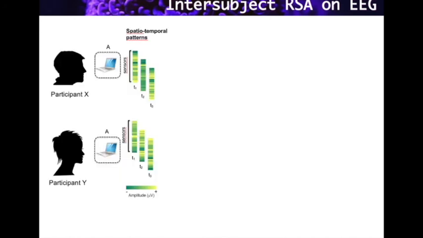Now, the way to address this question, so basically how two persons do or do not have similar patterns to the same input, is simply by changing the way we include the data sets in the analysis. But at the end of the day, the approach is very much similar.